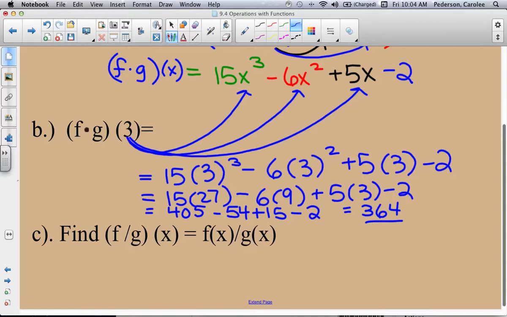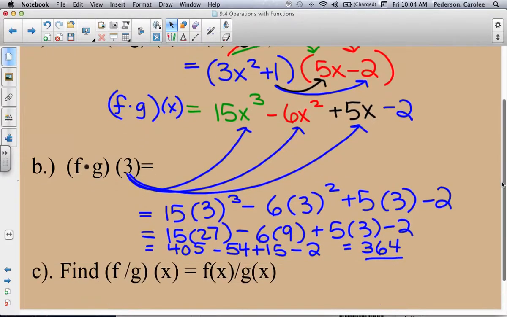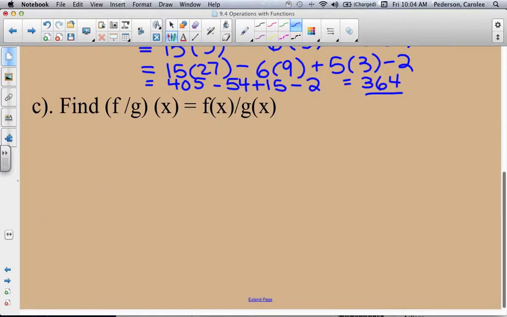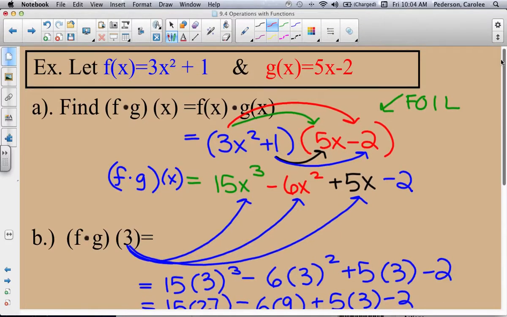All right, last one on this slide is now to divide these two functions. So we're going to take the blue function and divide it by the red function. So the original blue function was 3x squared plus 1, over g of x, which was the red function, and that is 5x minus 2.